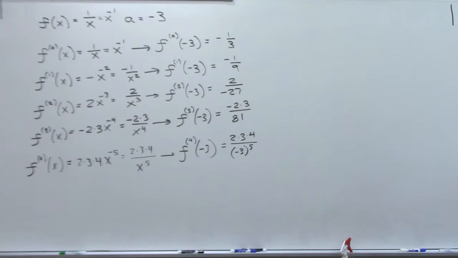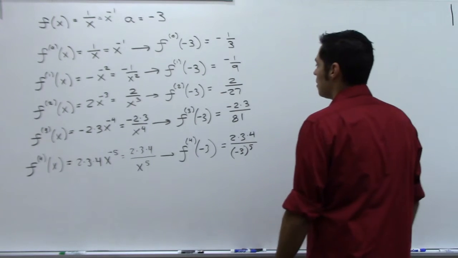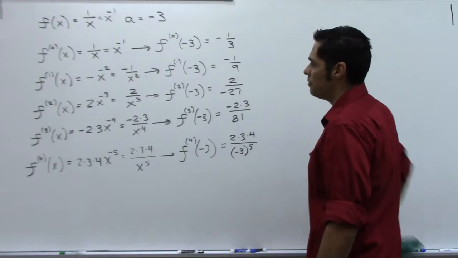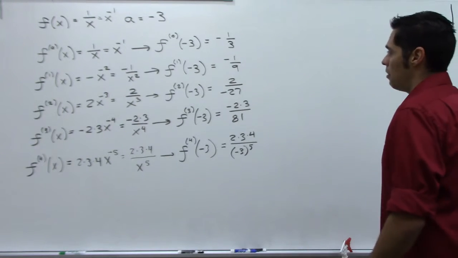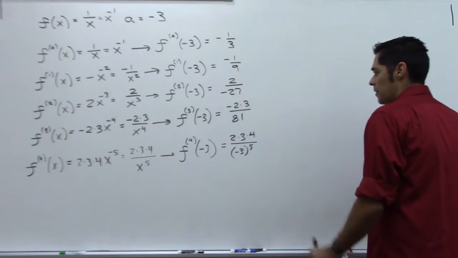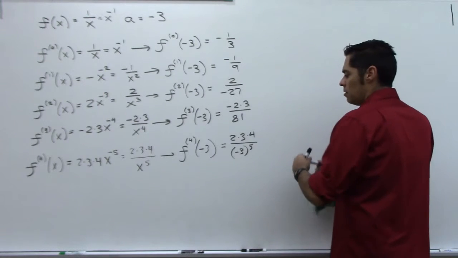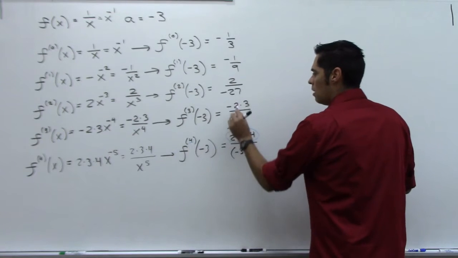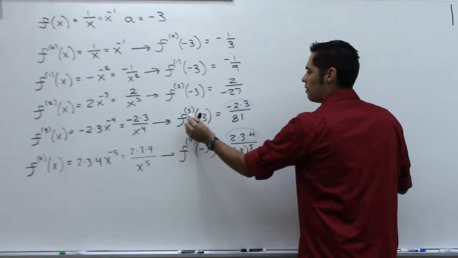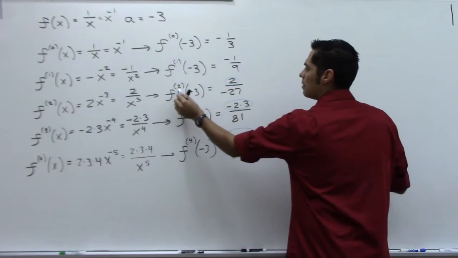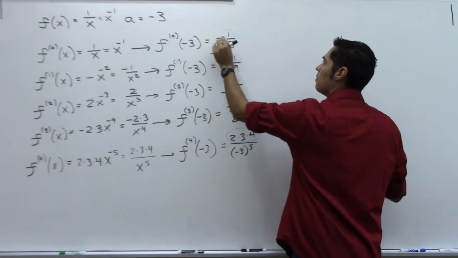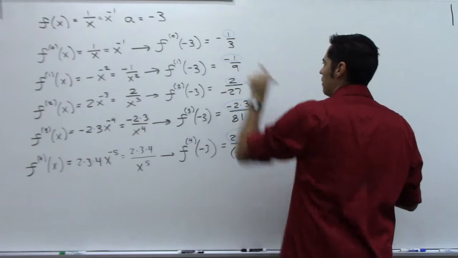All right, so what's the pattern? They're all negative, right? So that's good. I don't have to worry about that. The tops look like they're factorials. That looks like 4 factorial, and that's 4. This looks like 3 factorial, and that's a 3. That looks like 2 factorial, that's a 2. That looks like 1 factorial, that's a 1. That looks like 0 factorial. So again, forget the negative there.